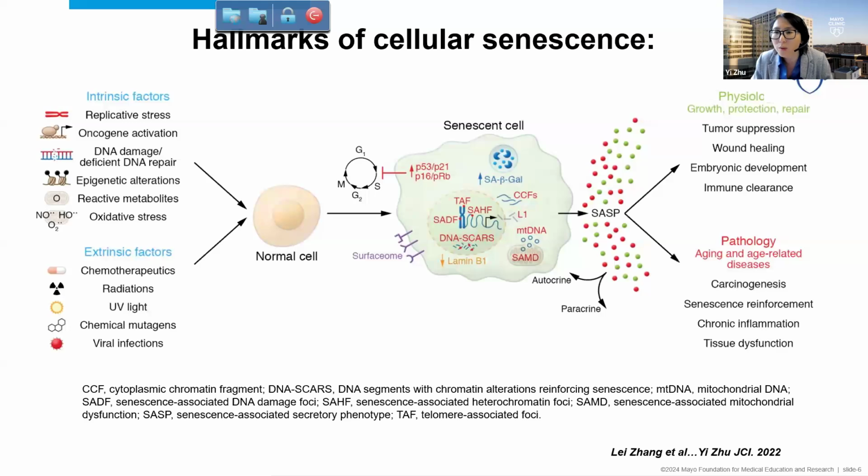We commonly use this to detect the senescent cells, which we call beta-gal. And there is a decline of the nuclear envelope, displayed by loss of lamin B1, and chromatin fragments from the nucleus and/or from dysfunctional mitochondria.